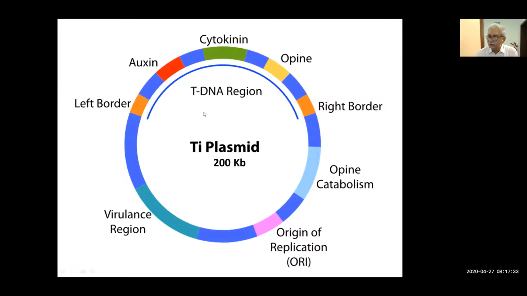We want the Agrobacterium to interact with the plant cell and produce the tDNA, and that tDNA should move to the plant cell and get integrated into the host genome. This is the requirement of a molecular biologist, or the person who is expert in recombinant DNA technology.